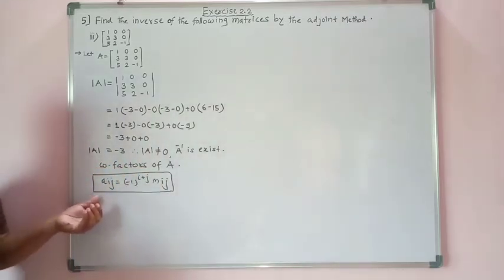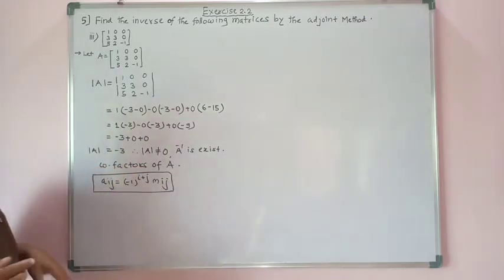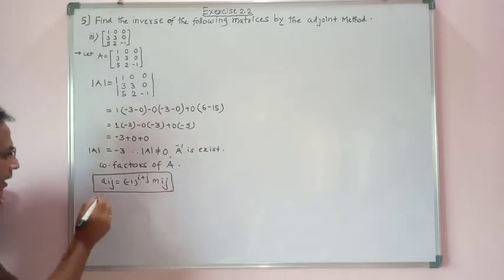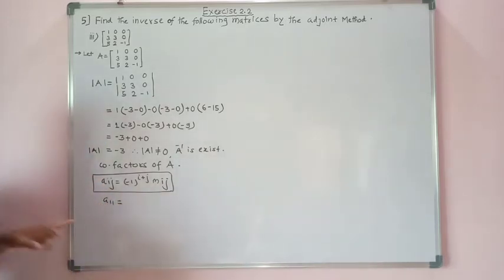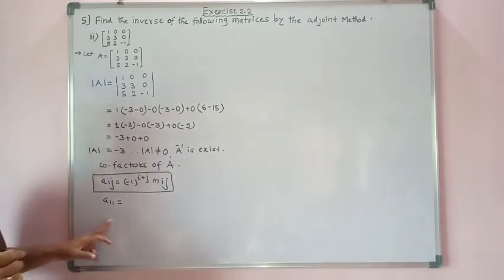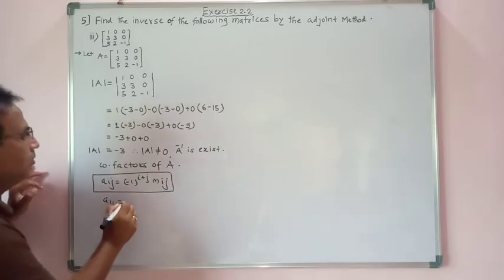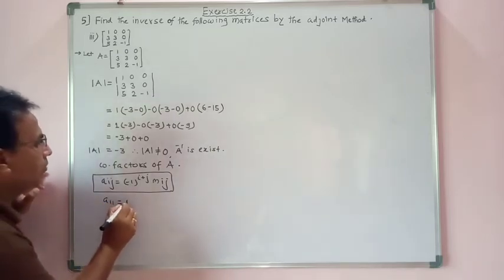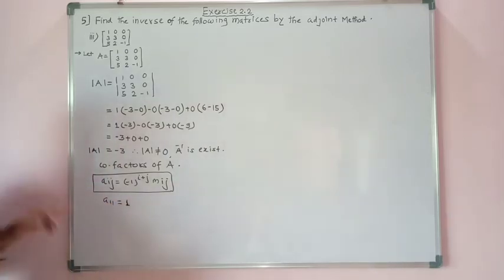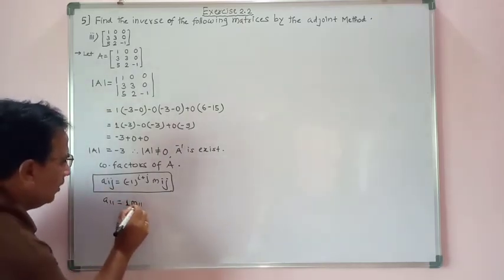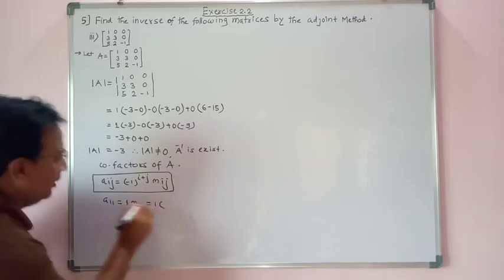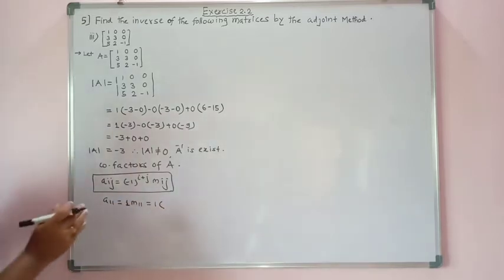We can directly use A11: 1 plus 1 is 2, an even number, so plus 1 into the minor M11.